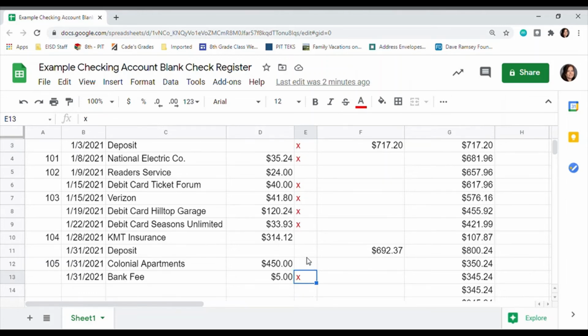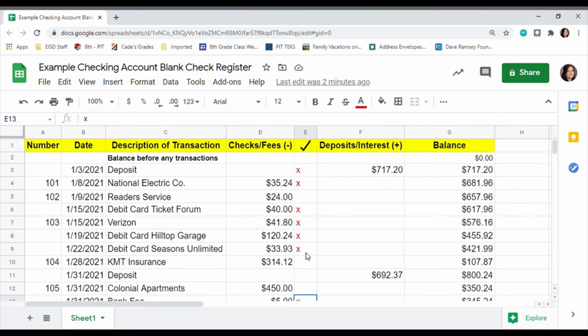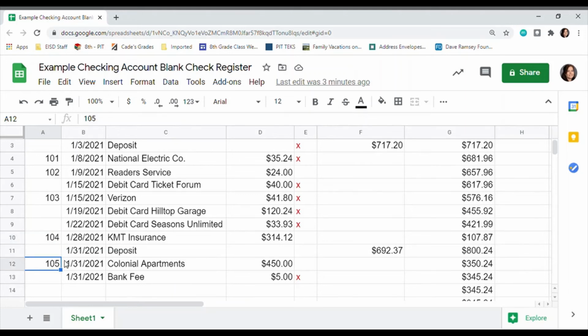The other items on this check register, for example, check number 102 for $24 and check number 104 for $314.12, check number 105 for $450 and a deposit for January 31st for $692.37. All of those items, while you've done them, have not gone through the bank account yet, which is why they do not have X's next to them. The bank doesn't know that they exist.